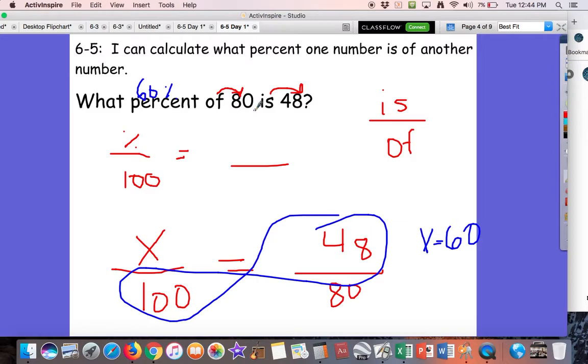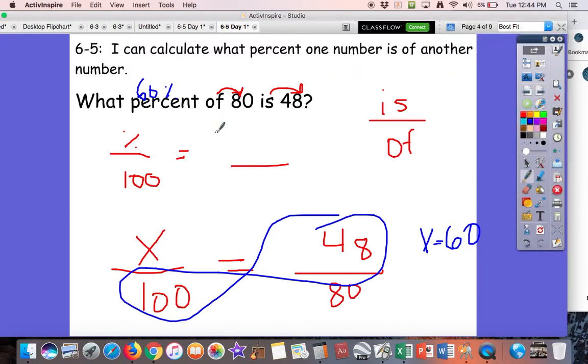All right, let's make a story up for it. 80 kids, no, let me think here. What could we say? We make 60% profit on everything that we sell, and we have a product that is sold for $80.